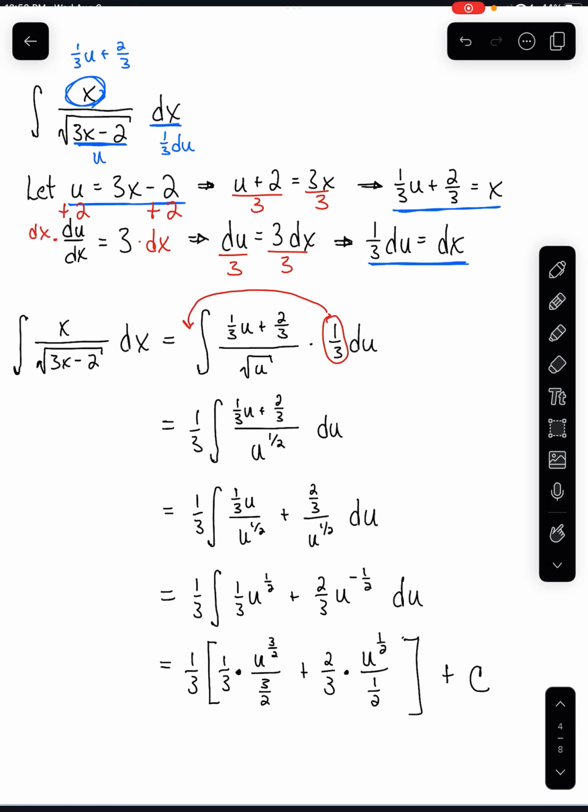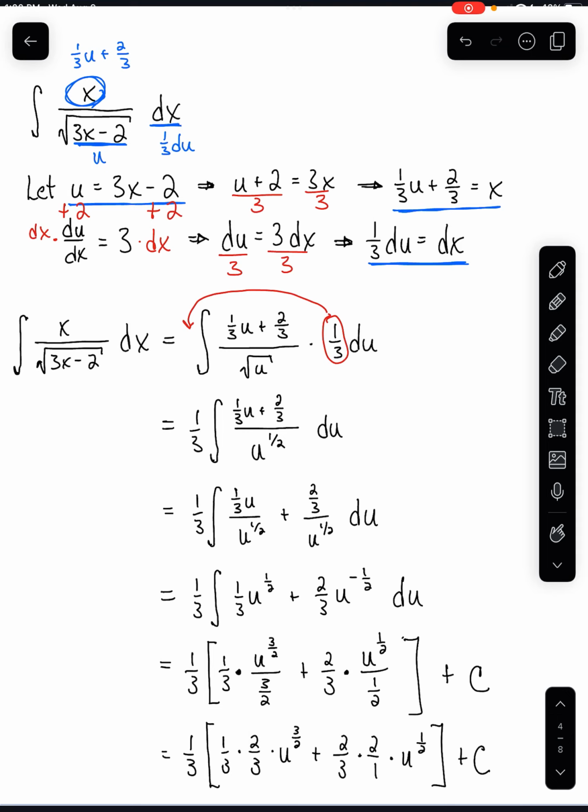So again, this is just a matter of cleaning it up. I'm going to leave the 1/3 in front of the whole thing for the moment. We have 1/3. Instead of dividing by 3/2, I'll write it as times 2/3 times u to the 3/2. Here we have 2/3. Instead of dividing by 1/2, we'll multiply by 2/1 times u to the 1/2 plus c. So again, we'll keep that 1/3 out in front for now. We'll deal with that in a little bit.